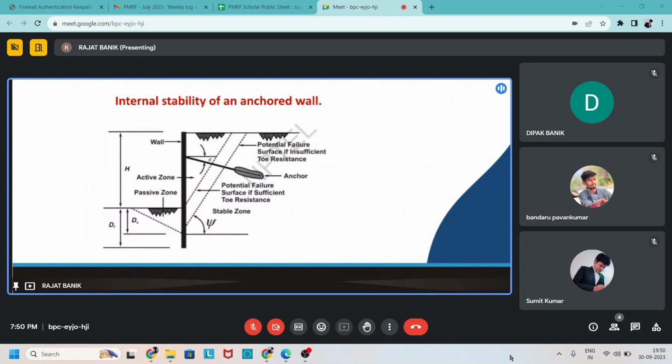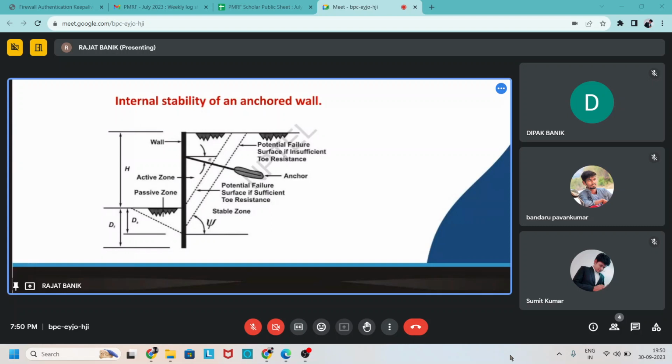Below, at the toe, at the right side of the wall, the zone is called the passive zone, and above the failure surface, the zone is called the potential failure surface, and below the surface, the zone is called the stable zone.